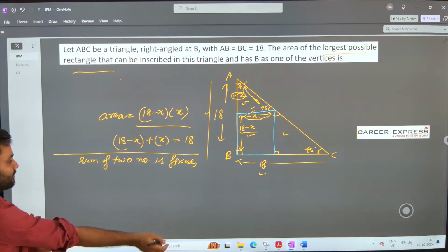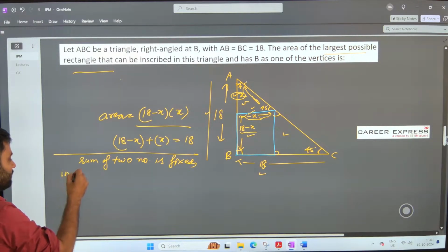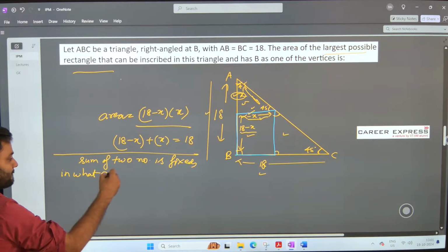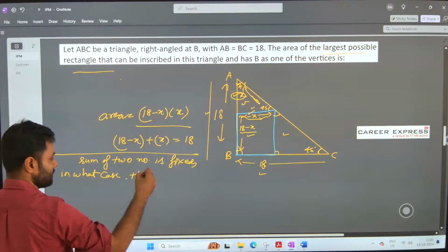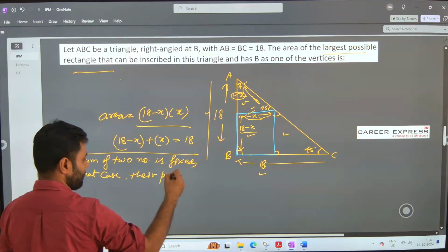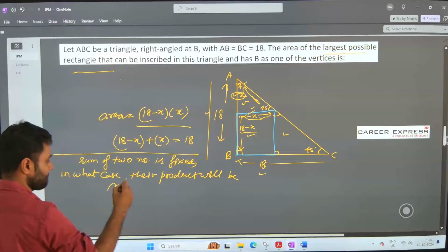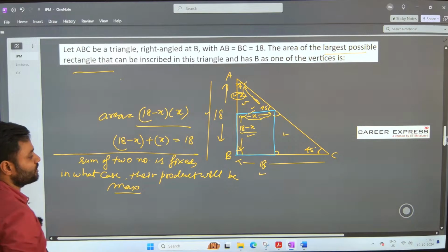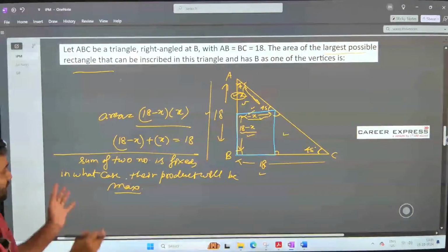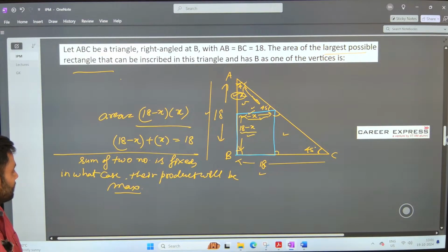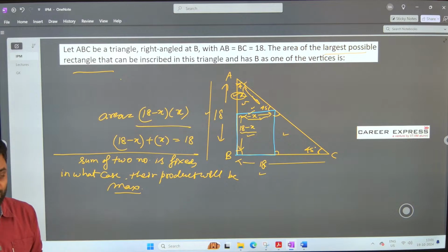So the sum of two numbers is fixed. In what case will their product be maximum? So this is the question that presents. If the sum of two numbers is fixed, when will the product of these two numbers be maximum?